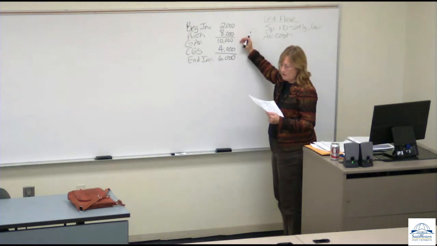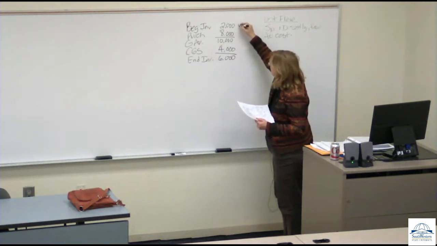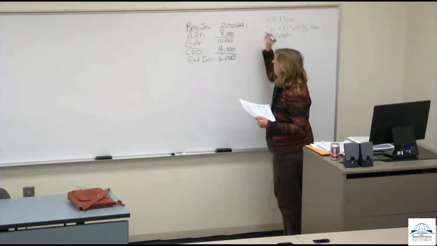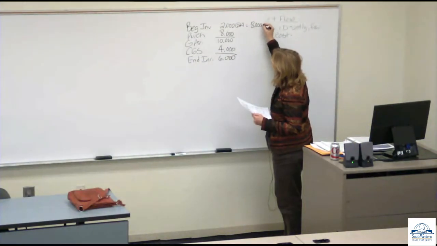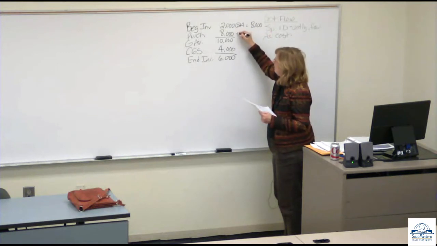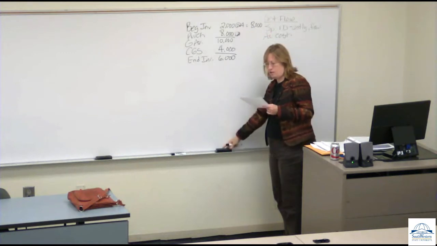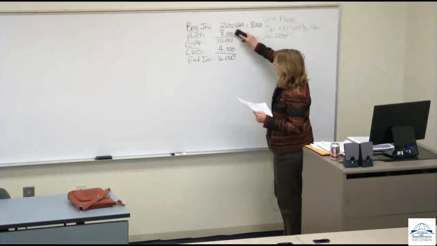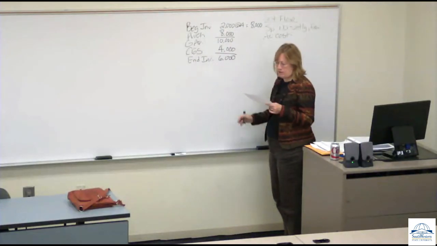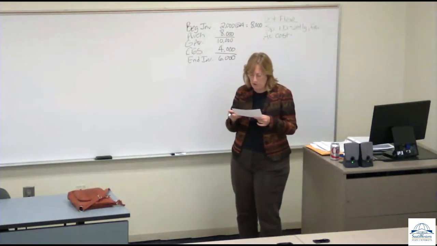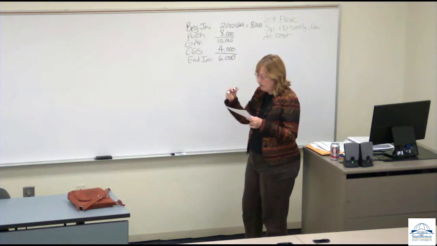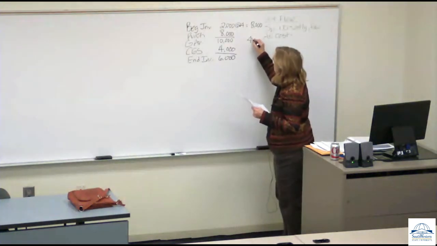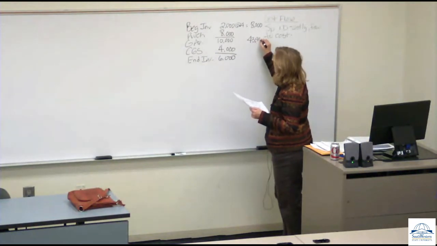We had 2,000 at 4 for a total of 8,000. We had 8,000 purchased. What's the total of that? Well, they've got it added up down there. So goods available, theirs down there is 43,900.